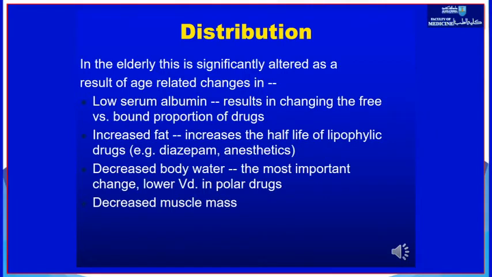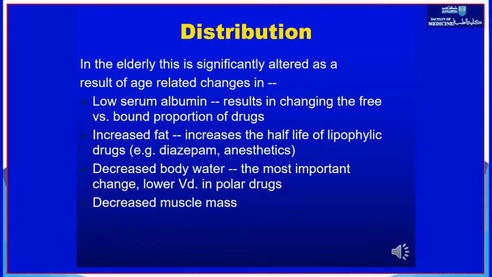60-65%. Also, there are some other physiological changes, such as a decrease in thirst sensation with aging, and that is why the elderly are more liable to get dehydration. In addition, we have a decrease in the bone mass with aging. On the other hand, we have an increase in the total fat composition with aging. So all these changes will affect drug distribution.